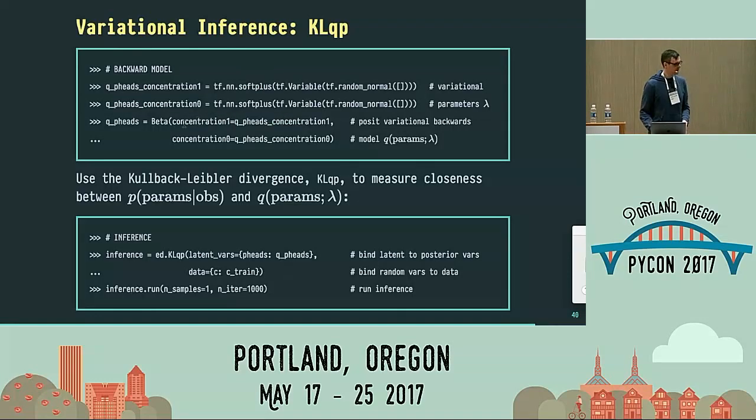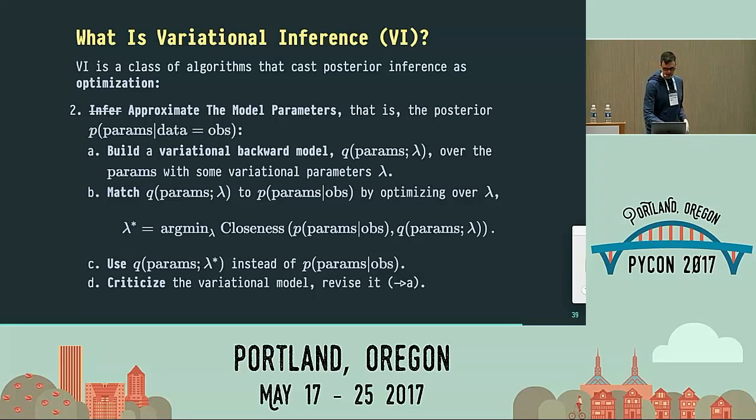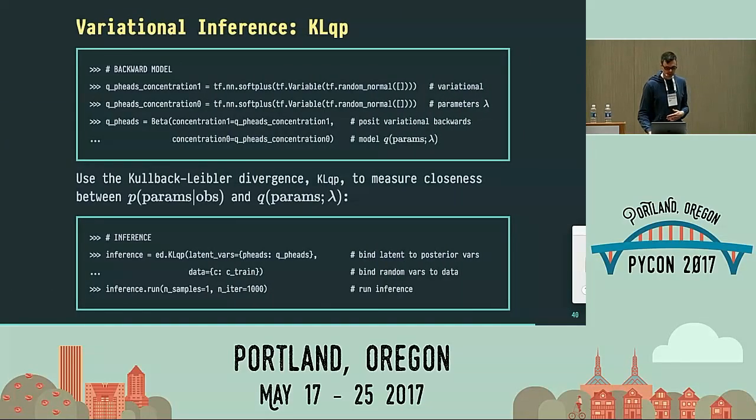And now what is this closeness? When we looked at this here, I said you have to come up with some quantity that describes how close your initial object of interest, the posterior, is to the thing you're replacing it with, this Q. And in Edward, you have several choices. The one we will pick today is KLqp.